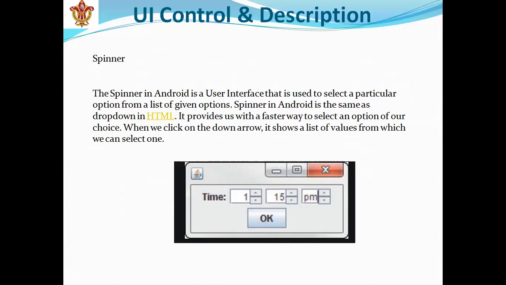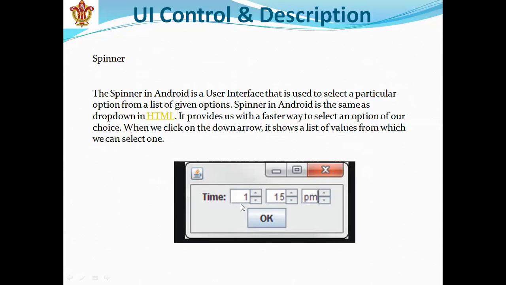So a spinner is basically a roller which can show the time, which can show the options. So many things we can do with spinners.